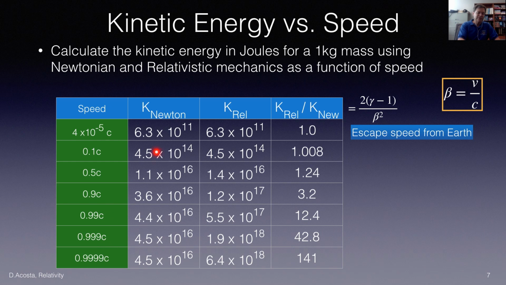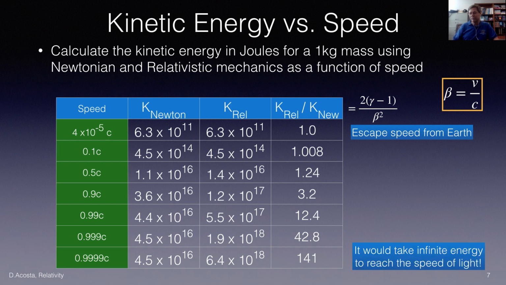And one thing you can conclude from this exercise of trying to get ever closer to the speed of light, notice that if I get to 90% the speed of light, then to 99.9% speed of light, the Newtonian kinetic energy is not changing much, right? It went from 3.6 to 4.4 to 4.5 times 10 to the 16. Because you're getting close to the speed of light. It's like reaching a constant. So the energy is not changing much. But the relativistic form does change quite a bit because gamma is increasing ever more largely.